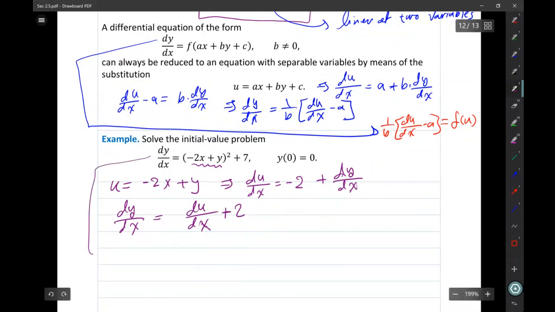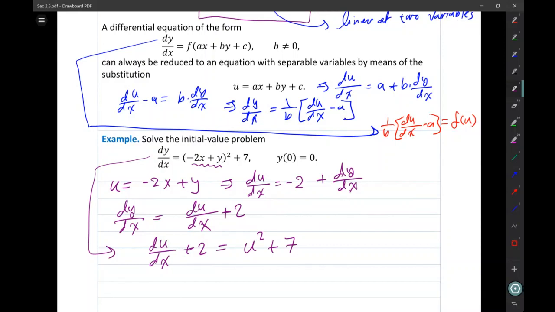And then this equation now becomes, replace dy by dx by du by dx plus 2 is equal to u square plus 7. Take 2 to the other side, it becomes du by dx is equal to u square plus 5.